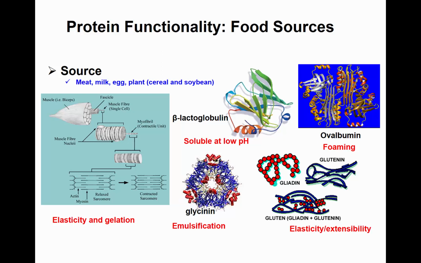Glycinin is a soy protein, an excellent emulsifier, with excellent charge to hydrophobic balance. Gliadins and glutenins, excellent viscoelasticity properties. And then, of course, meat proteins, elasticity and gelation.